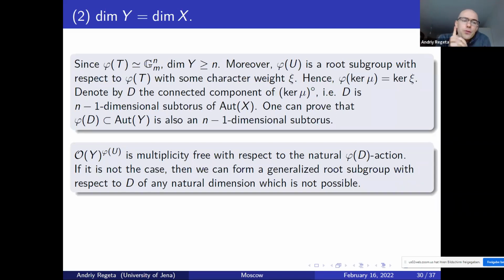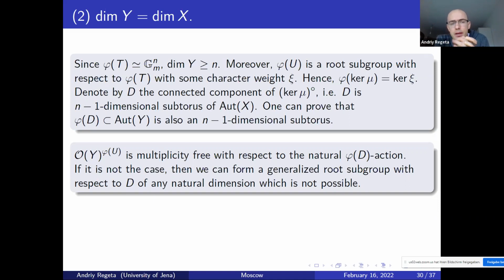You remember phi of u is just GA. It's just a root subgroup. Now, d commutes with u, which means that phi of d commutes with phi of u. And this induces a natural action of phi of d on the invariants O(y) phi of u.